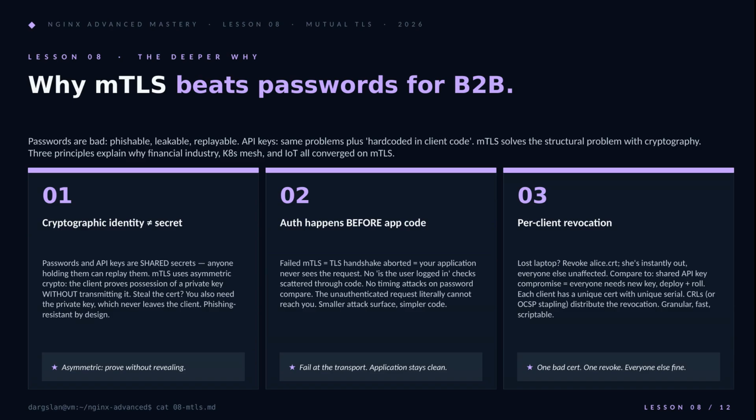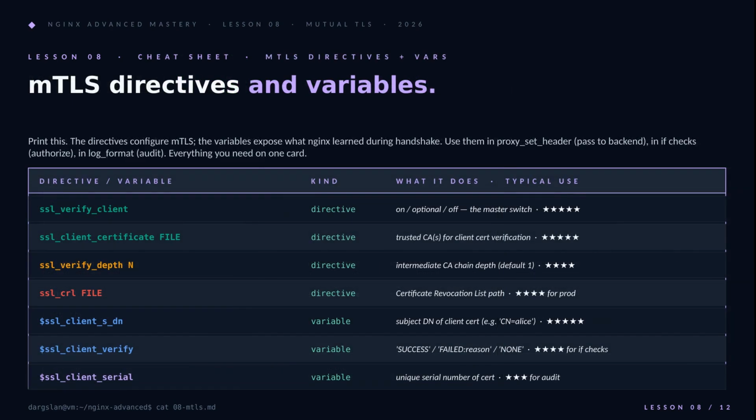No auth middleware, no timing attacks, no logged-in checks scattered through code. 3. Revocation is per client. Lose a laptop? Revoke alice.crt and only Alice is out. Compare that to rotating a shared API key across every consumer at 2 a.m. That principle is the why.